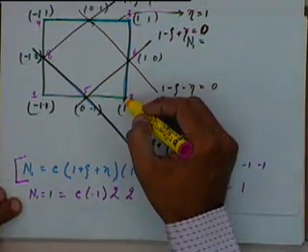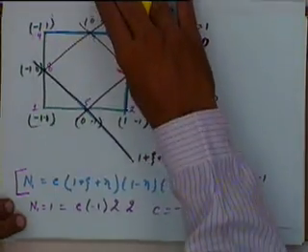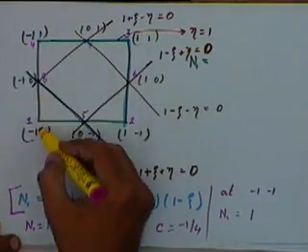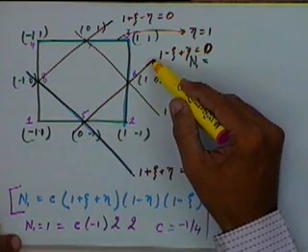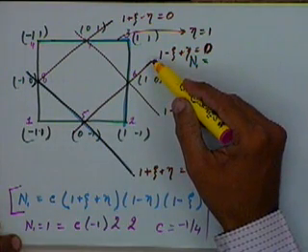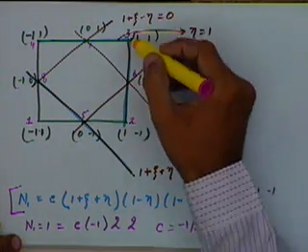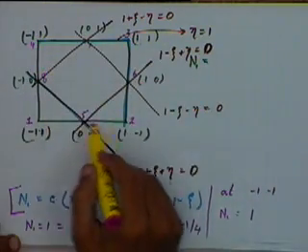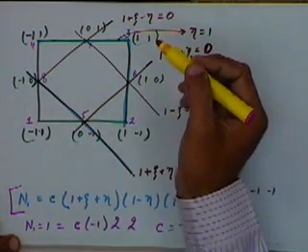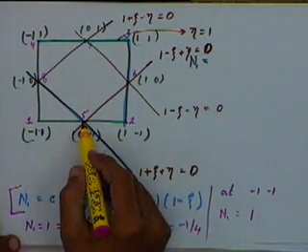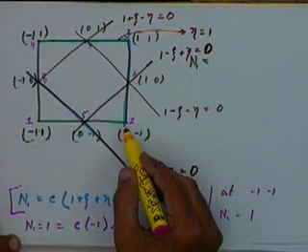Similarly, we can take n2, and for n2 we will consider this vertical line, this horizontal line, and this inclined line. For n3 we will consider this vertical line, this horizontal line, and this inclined line, and so on. For n5 I will consider this vertical line, this horizontal line, and this vertical line.